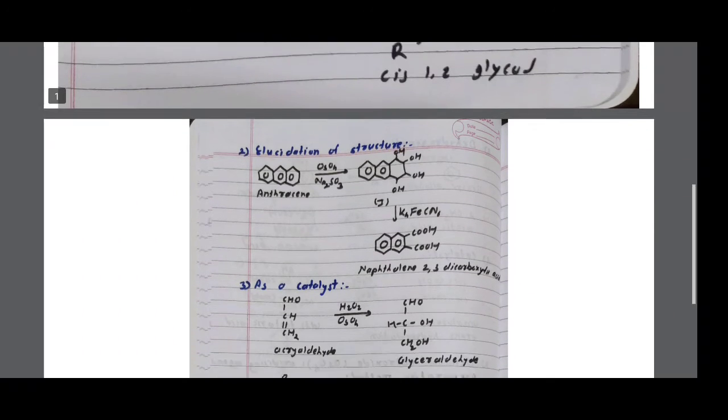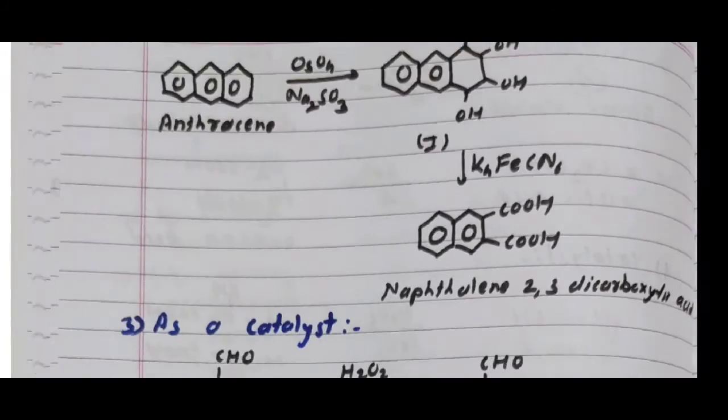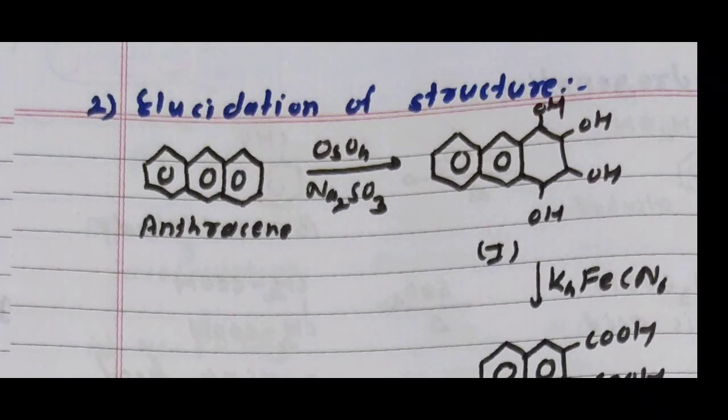Here is the second application, elucidation of structure. For elucidation of structure, the fusion pattern of benzene rings in polynuclear hydrocarbons can be deduced. Last year you studied polynuclear hydrocarbons. Poly means many.